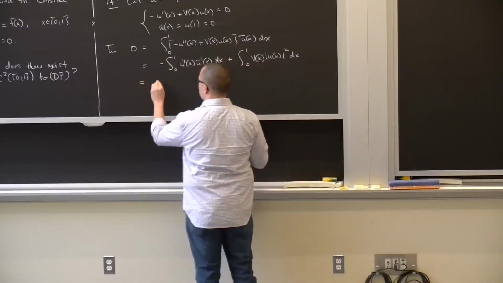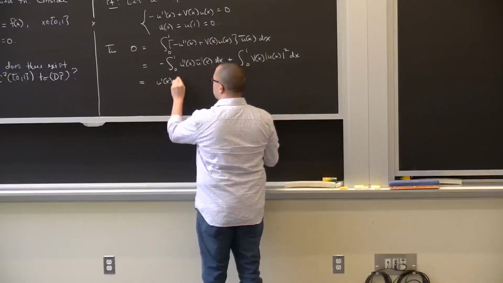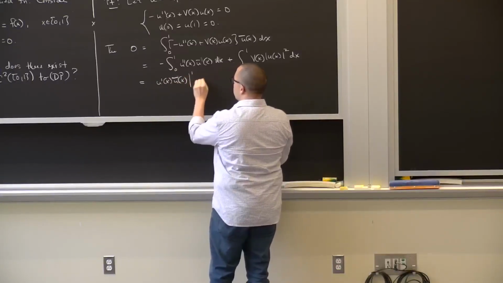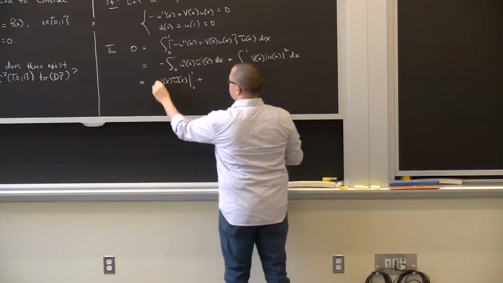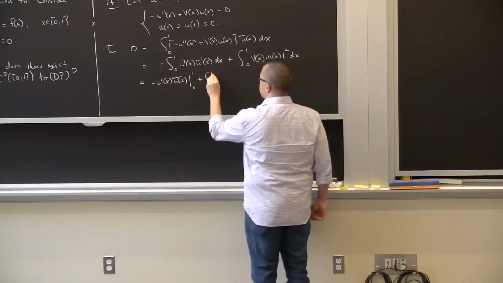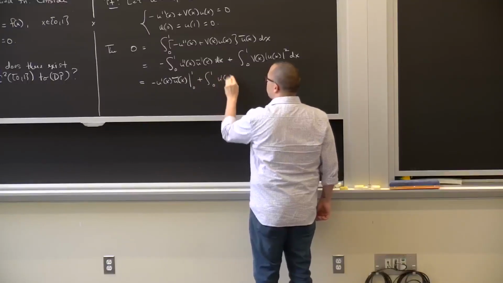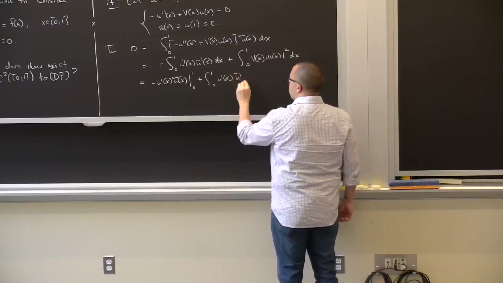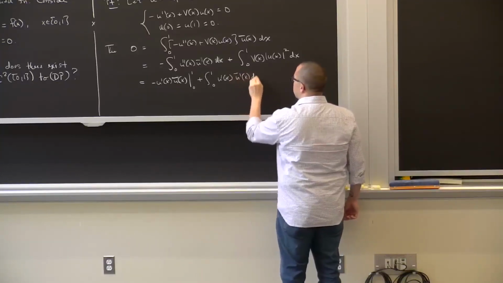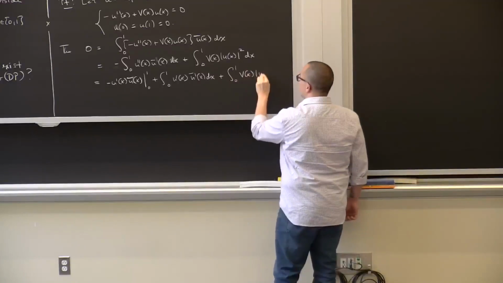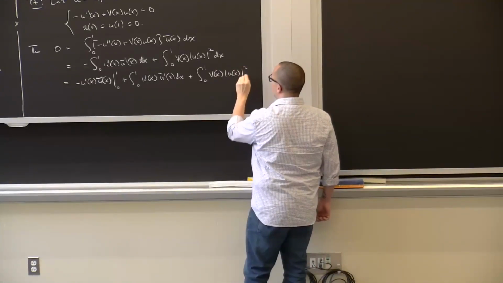So this is equal to u prime of x, u bar of x, evaluated at 0 and 1, minus, with this minus giving me a plus, the integral from 0 to 1 of u prime of x, the derivative of the complex conjugate of u dx, plus the integral of v of x times |u of x| squared dx.